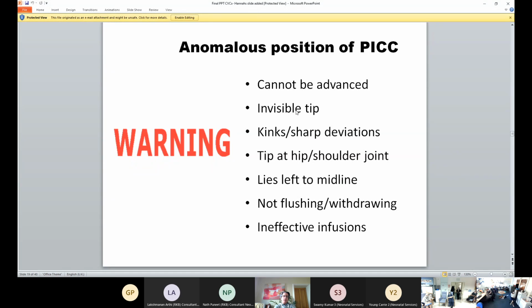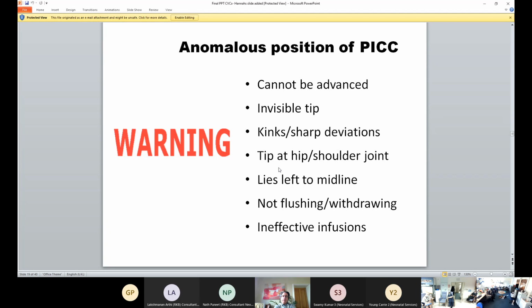Invisible tip, we talked about this before. On the X-ray, if you see any kinks or sharp deviations, that means the line has deviated to a small branch or to the wrong direction, because we are aiming for big straight veins. So deviations mean we have gone in the wrong direction.